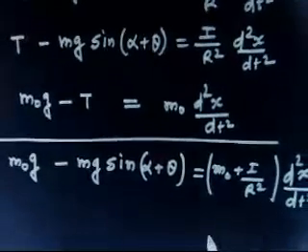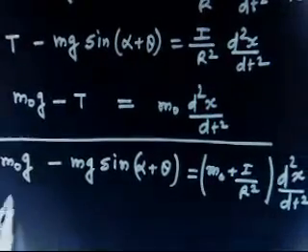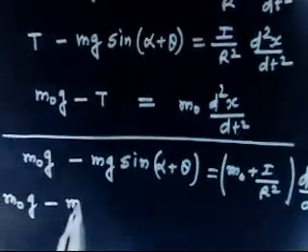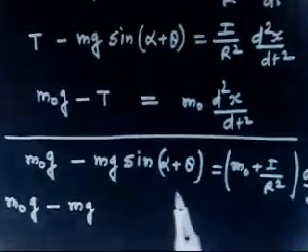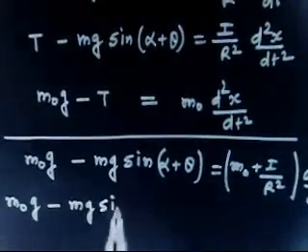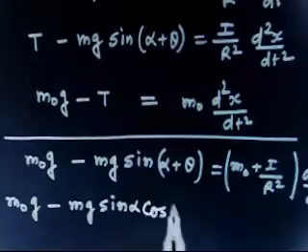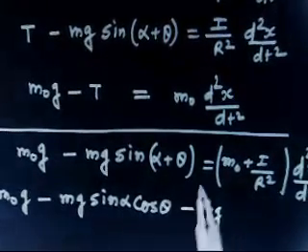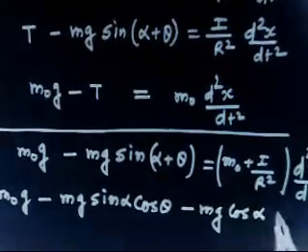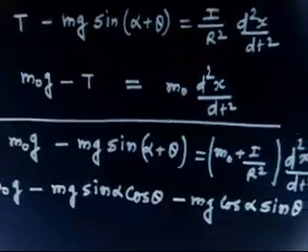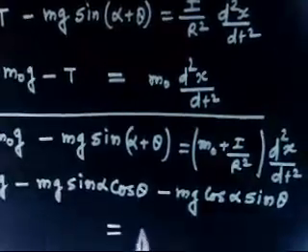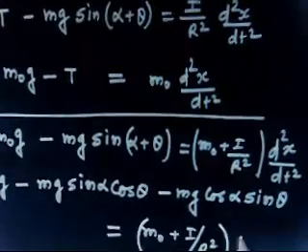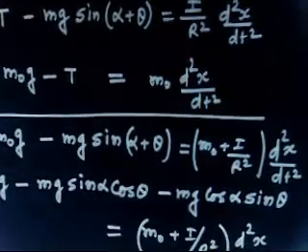Now I will write sin(α+θ) as sin a cos b plus cos a sin b. So this is m₀g minus mg [sin α cos θ plus cos α sin θ] is equal to (m₀ + I/r²) d²x/dt².